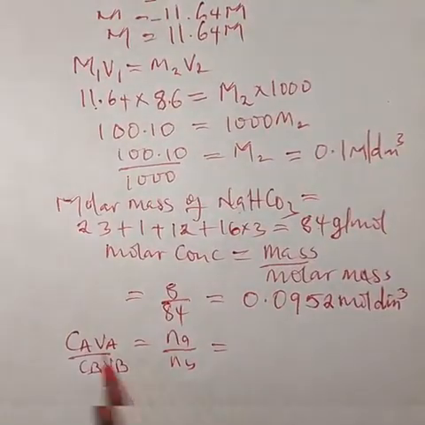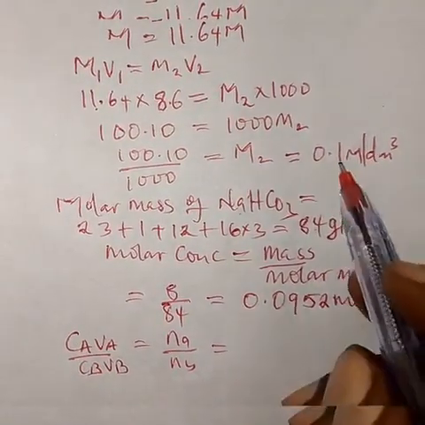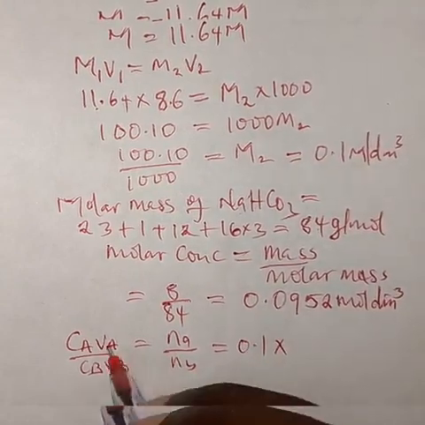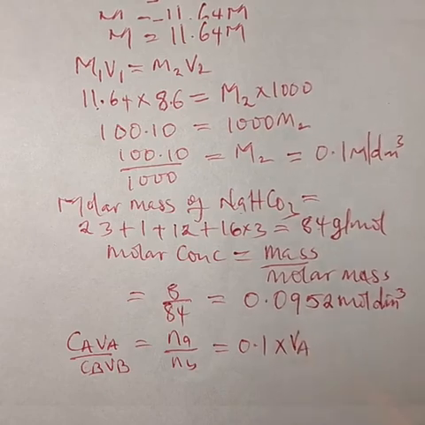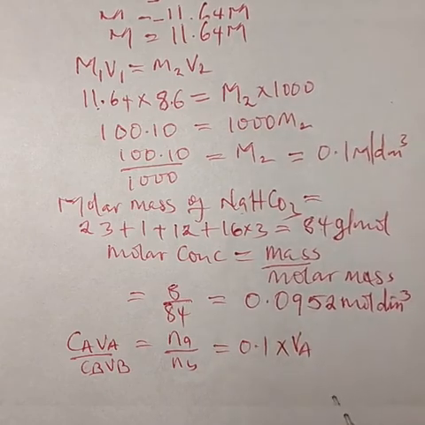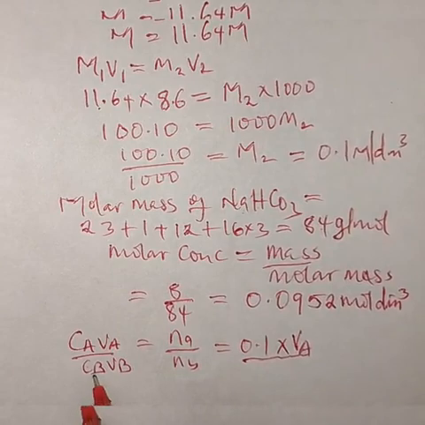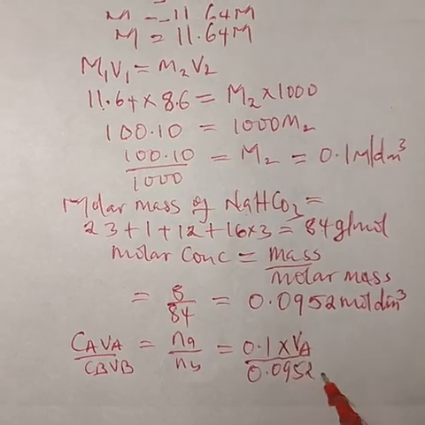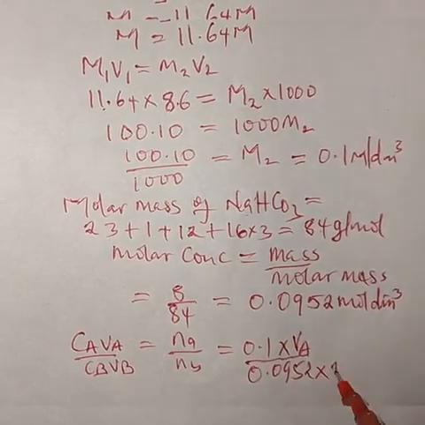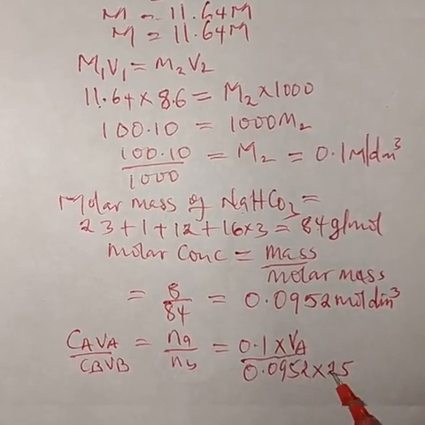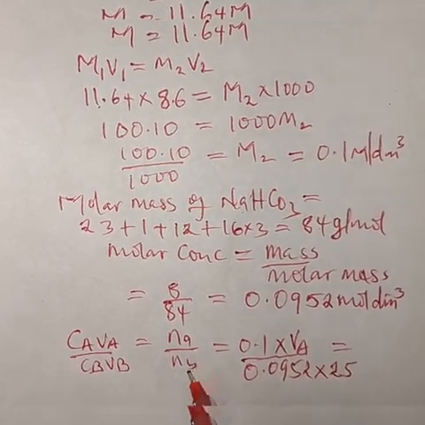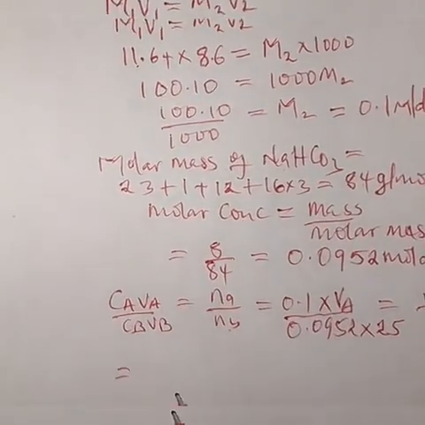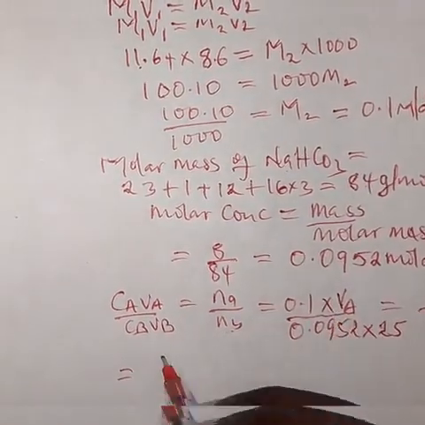Now remember that we have Ca in the question, which we have solved for, times the expected volume you should get during the practicals, which is Va, divided by that of the base, which we have calculated as 0.095, then times the volume of the base, and that's 25. If you look at the equation you balanced before, you should know that the ratio is 1 to 1.